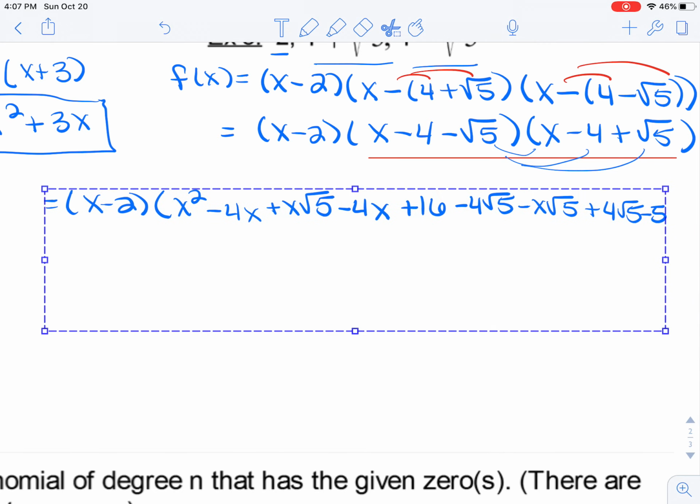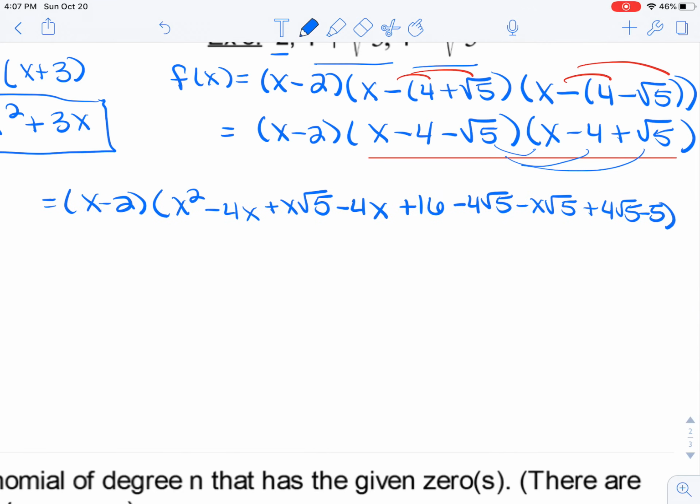Alright, so now we just have to figure out what are we left with on the inside here. So I'll bring down the x minus 2. I would get x squared. So here I would combine like terms to get minus 8x.